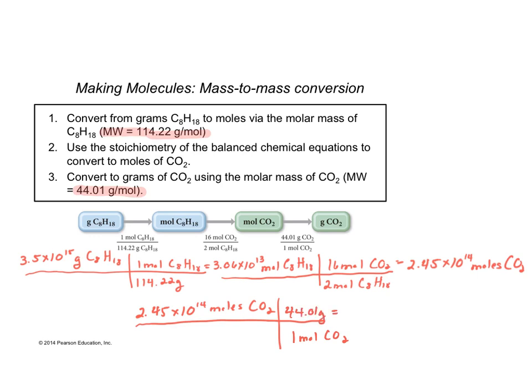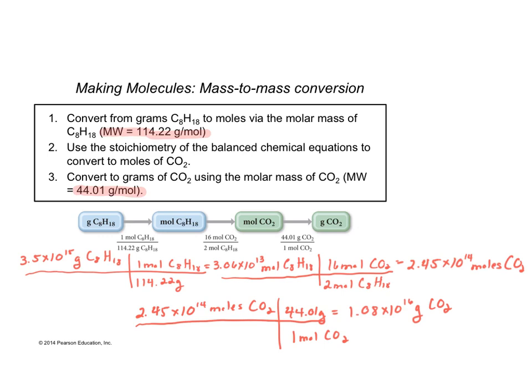And that leaves me with a bunch of CO2, 1.08 times 10 to the 16th grams of CO2. So the mole land, stoichiometry land, whatever you want to call it, you've got to get to it by converting to moles first, and then you've got to come out, again, by using molar mass, converting back to grams.